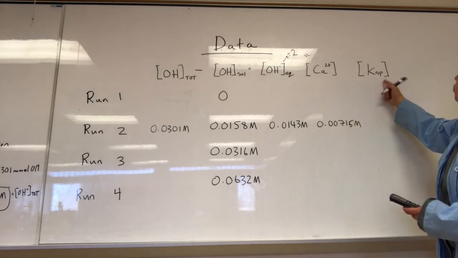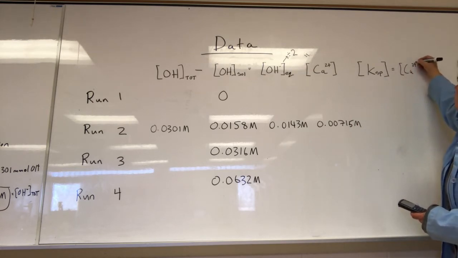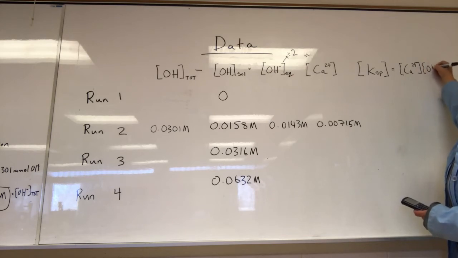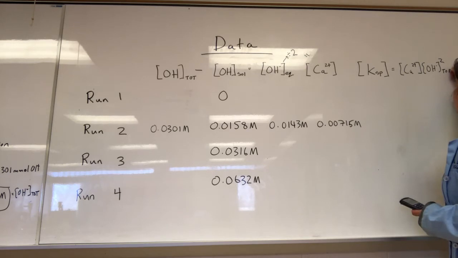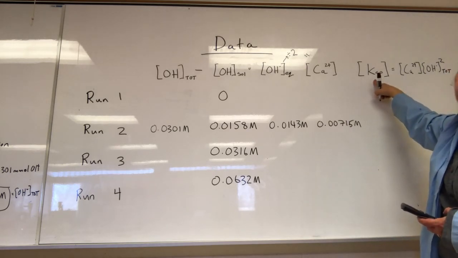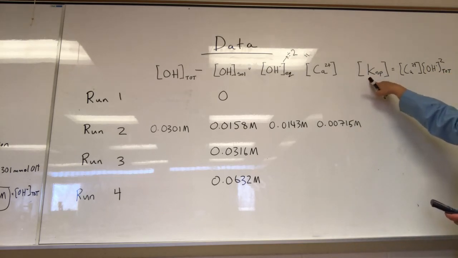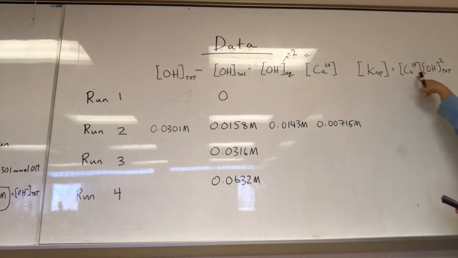Now, it's really important when you're doing the Ksp to remember that you're going to take the calcium concentration times the hydroxide concentration squared, but this hydroxide has to be the total. The Ksp doesn't care where the hydroxide comes from. It just knows that it has to maintain the same number for whatever calcium ion concentration it finds in the solution and whatever hydroxide ion it finds in the solution.